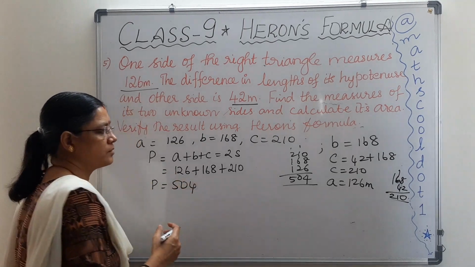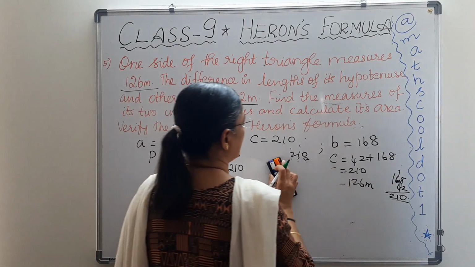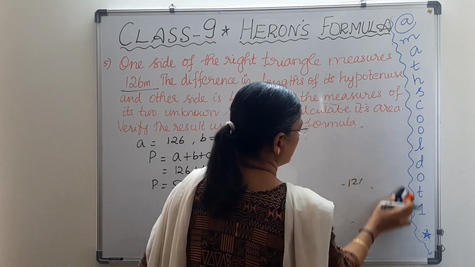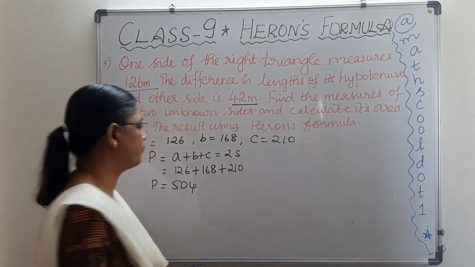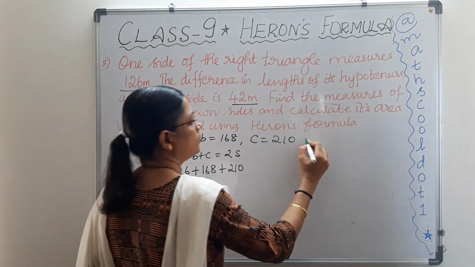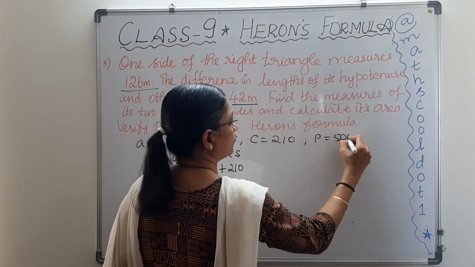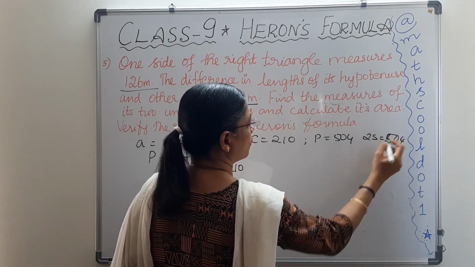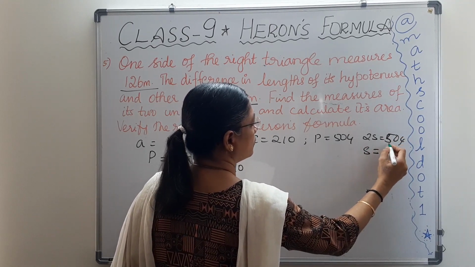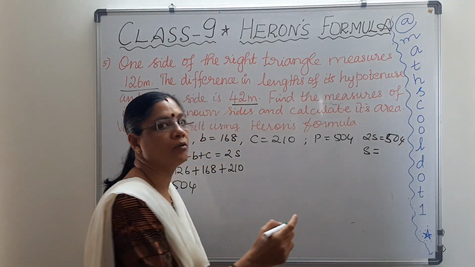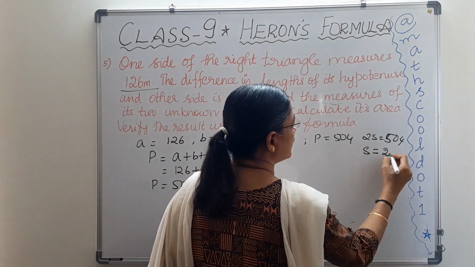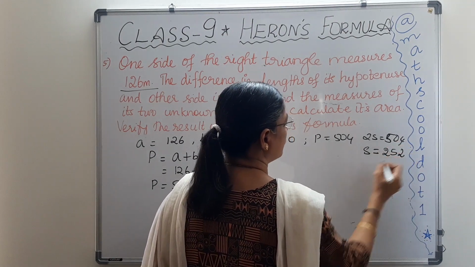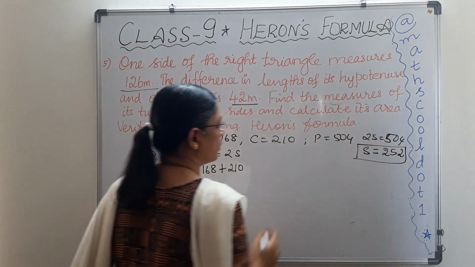So keep your answers ready so that you will be able to apply it whenever required in the formula. So P is equal to 504. That is 2S is equal to 504, or S is equal to 504 divided by 2 is 252. So S we have found out.